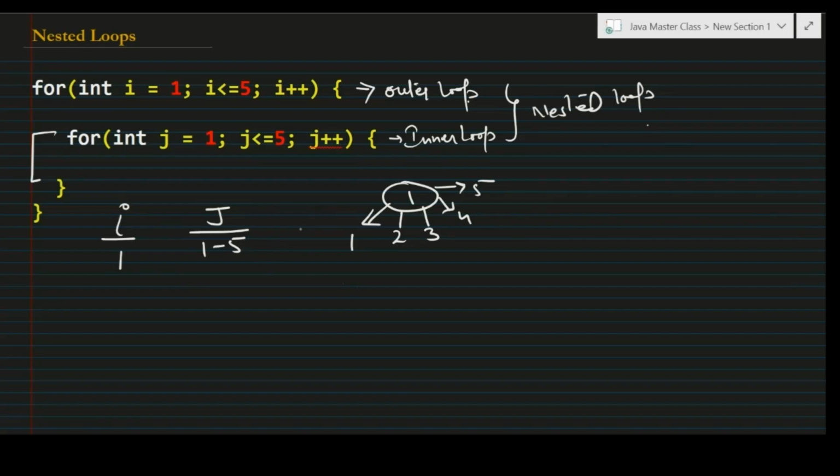Once this complete iteration cycle is completed for one iteration, then the value of i will be incremented and we will go to 2, and again the complete iteration cycle will be executed for the inner loop. That means we will again go from 1 to 5, which is, if the value of i is 2, then we will again start the inner loop from 1 and go up to 5.